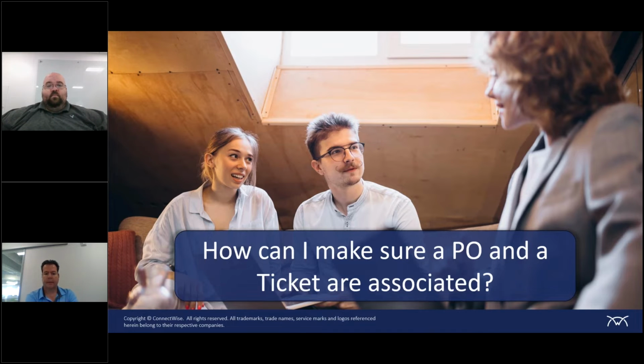Our next question expands a little on that PO and ticket being associated. What if you start with a ticket and make a sales order, but it has agreement products? How do we associate that with a PO? For example, Microsoft 365 products. It's a combination of both answers.